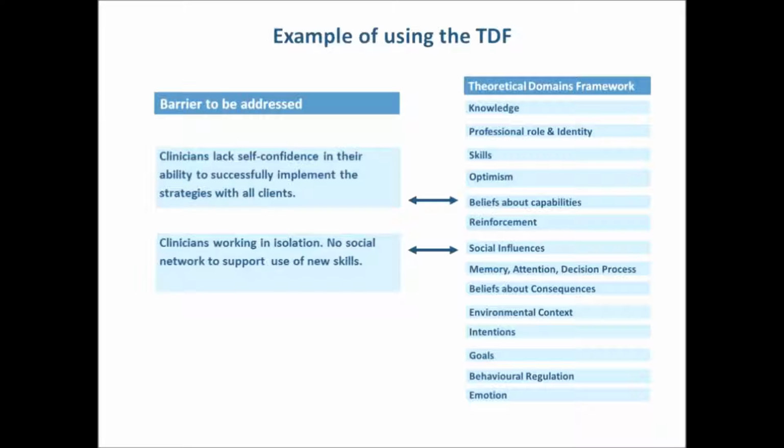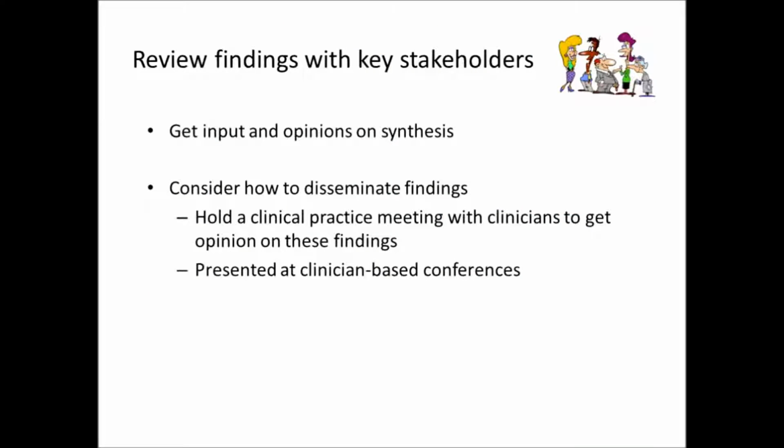So it's really good to look at, once you've established where you think the barriers are, and where you've mapped them to, so you know where you're going to start addressing it, if that's actually correct. So you want to review that with your key stakeholders again. You want to get their input on your opinions and synthesis of information, and also what they think in general.